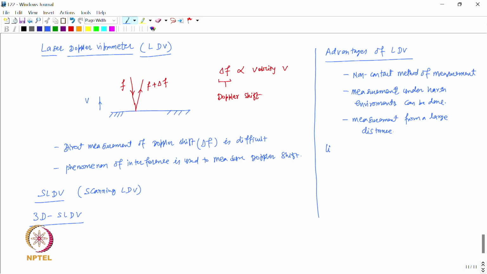So, there are some limitations. First is that the surface has to be a polished or smooth surface, because the beam should reflect from that surface, and it should be reflective, because ultimately the reflected beam has to be captured and analyzed.